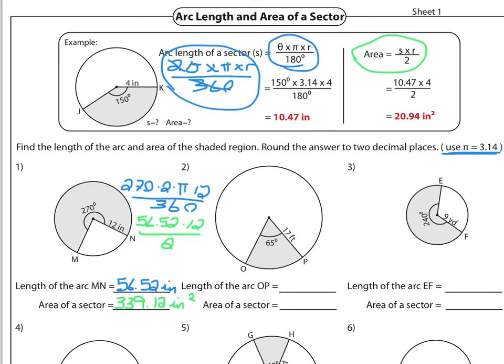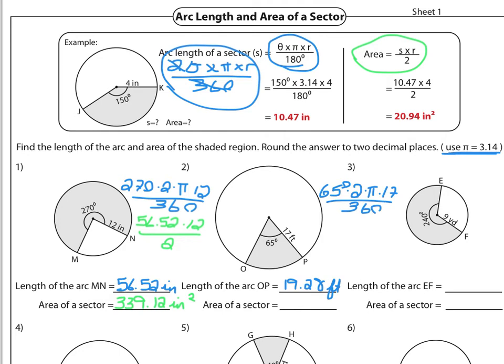All right, let's do the arc length of OP. I say my theta, which is 65 degrees, times my circumference, which would be 2 times pi times 17, all over 360. Plug it all in the calculator, and you get 19.28 feet.